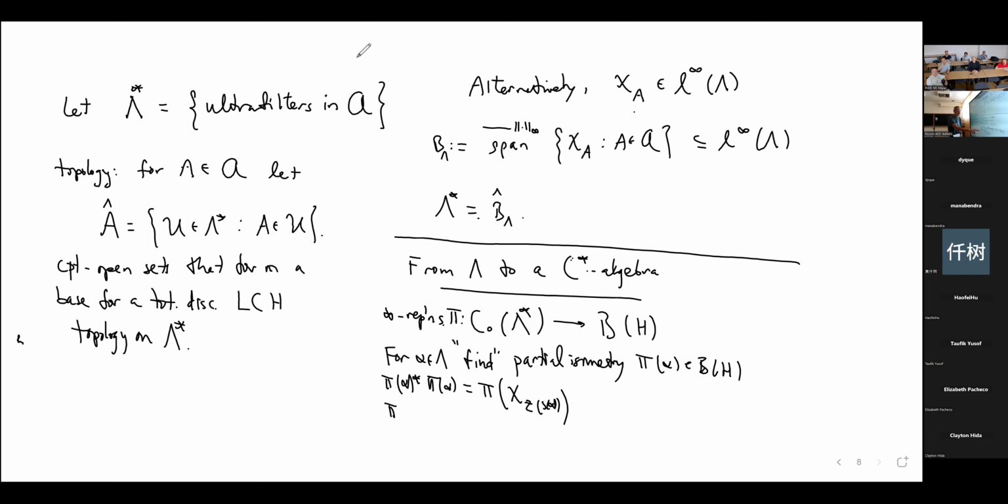Yes, exactly, because C0 of lambda star is exactly that. So we can just use these chi-A's to be the same alpha, as long as you remember that they're now functions on this space instead of functions on lambda. Yeah. So simple means two different things. And the range projection, that's the image.